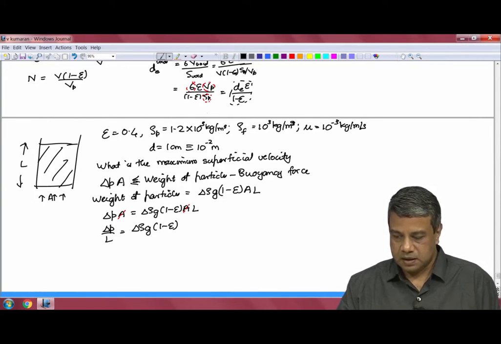And now I can use the Ergun correlation to substitute for the pressure difference per unit length.